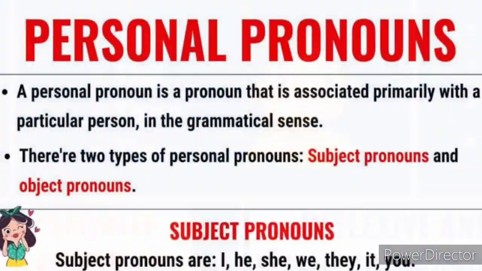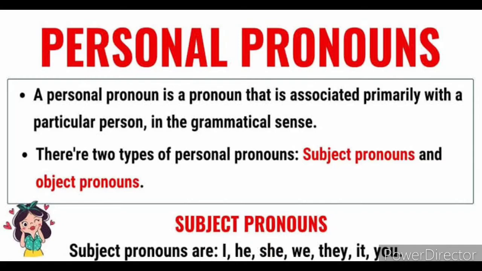What is meant by personal pronoun, children? A personal pronoun is a pronoun that is associated primarily with a particular person in the grammatical sense. There are two types of personal pronouns. One is subjective pronoun, another one is objective pronoun. The subjective pronouns are I, he, she, we, they, it, you.